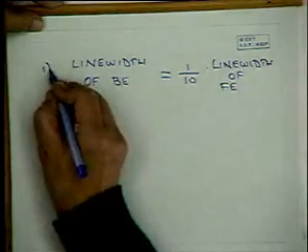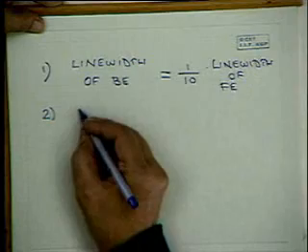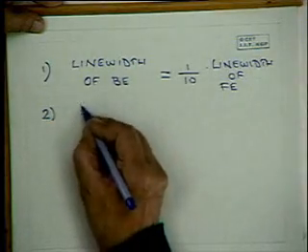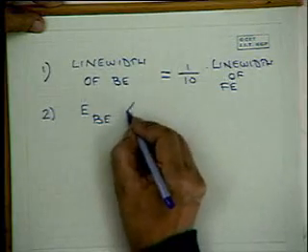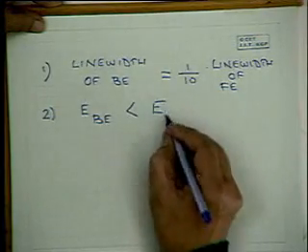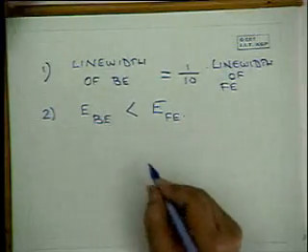So this gives us a clue. And secondly, the emission energies of bound excitons are somewhat lower than the energies of free excitons, as we saw on the previous graph.